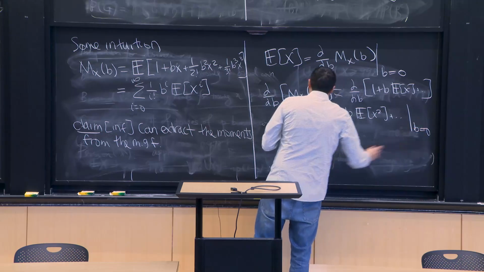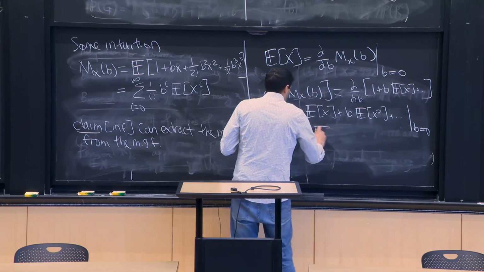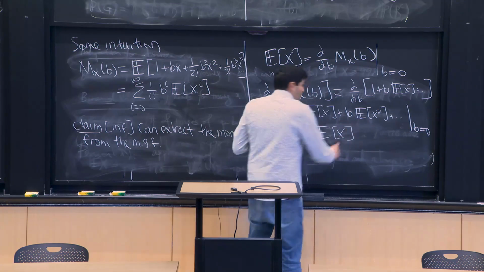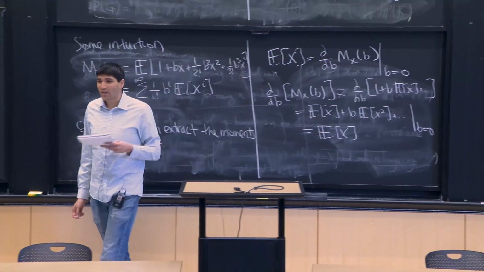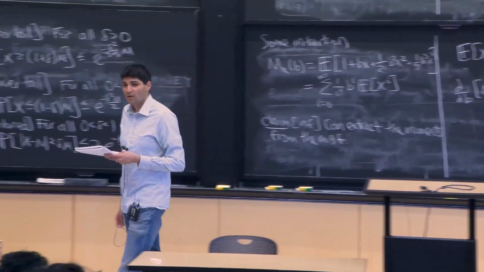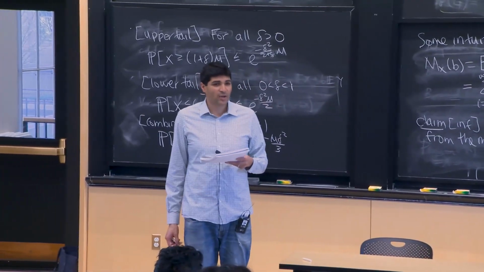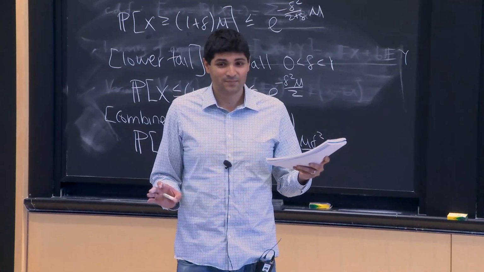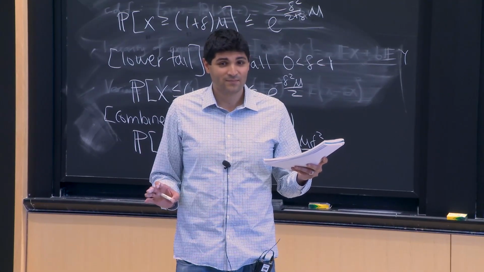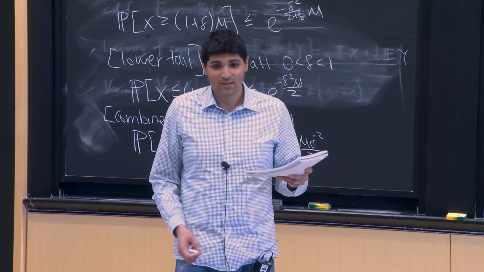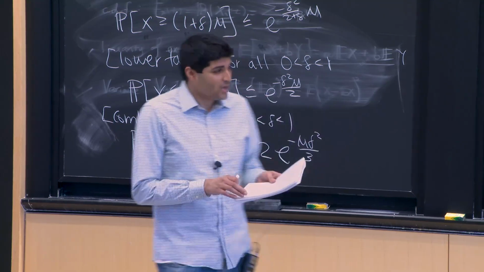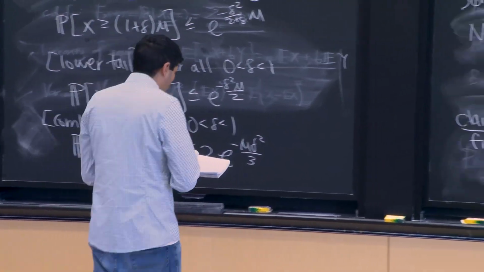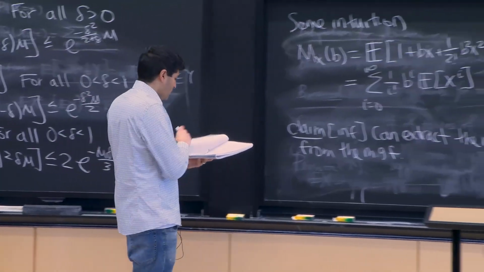And we evaluate at b equals 0, we get exactly what we wanted. So for example, how could I extract the second moment of x from the moment generating function, just to make sure we're on the same page? Yeah? You take the second derivative. Second derivative. Just have to be careful with the constants, but they all work out nicely here.